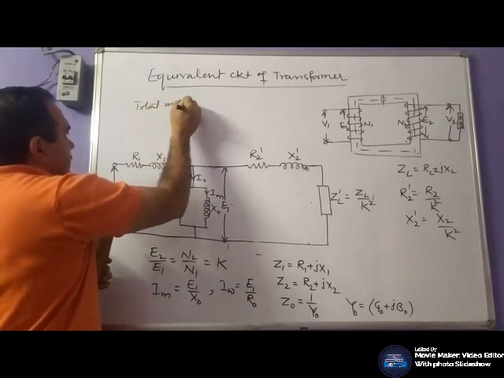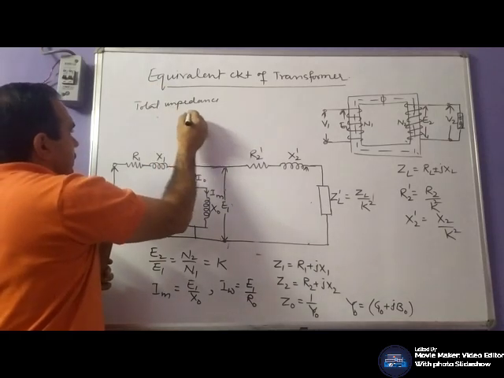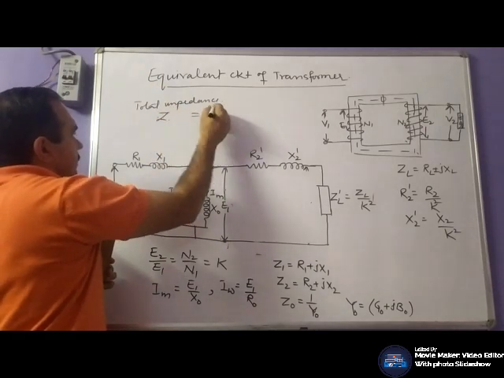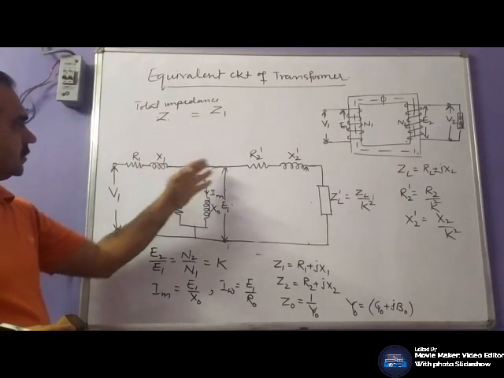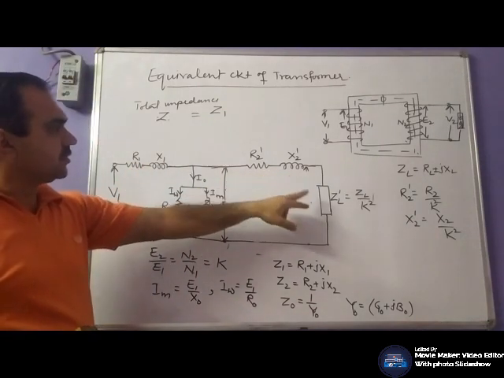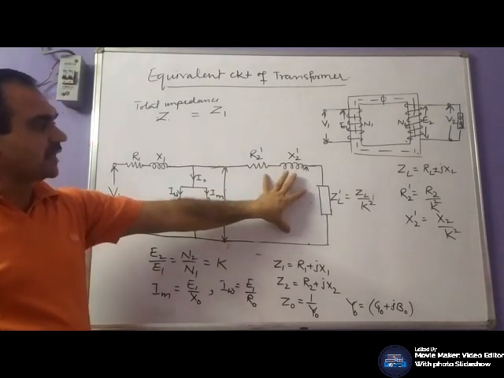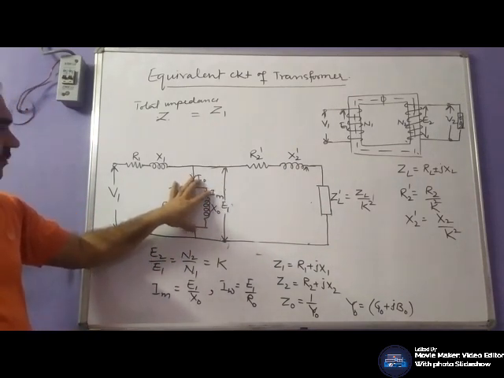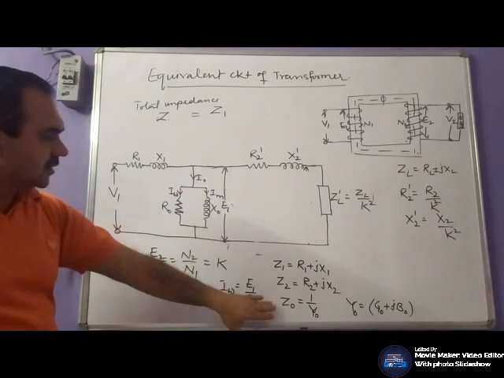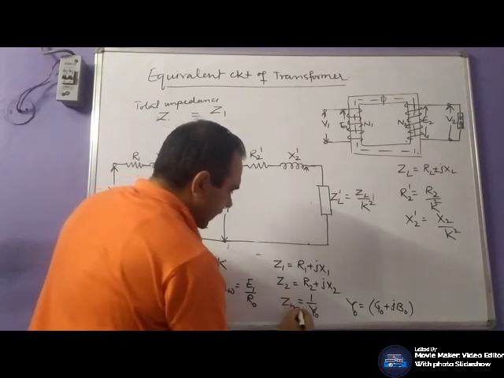Total impedance Z will be Z1, and Z2 dash and ZL dash are connected in series, in parallel with Z0, or in place of Z0 we can represent it by ZM.